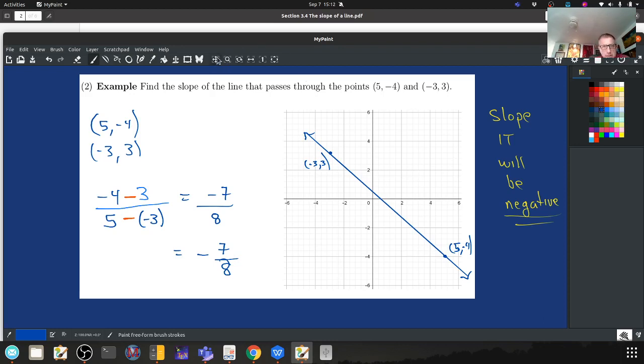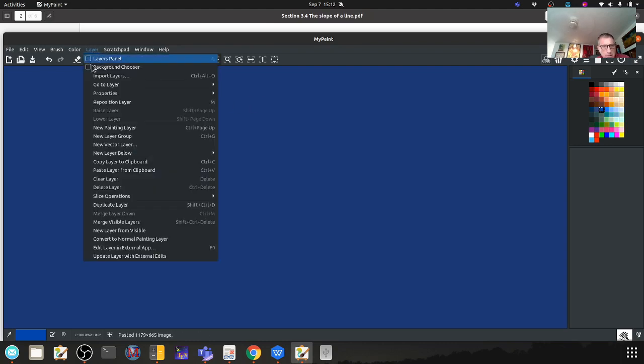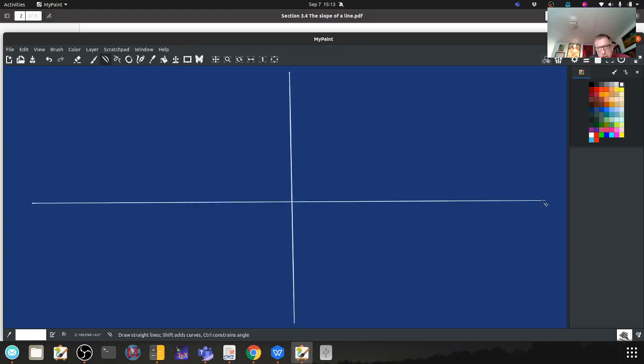So let's get another canvas here. Let's just draw one. I could go to GeoGebra right now. So just imagine that you're an ant and you're walking from left to right.